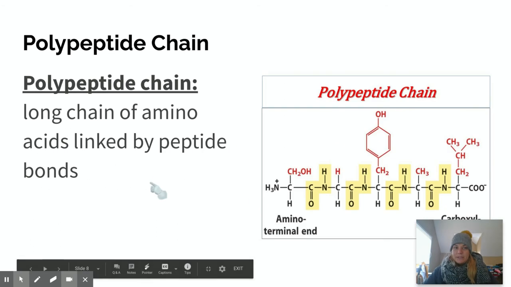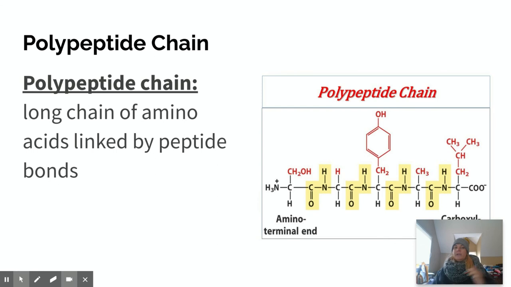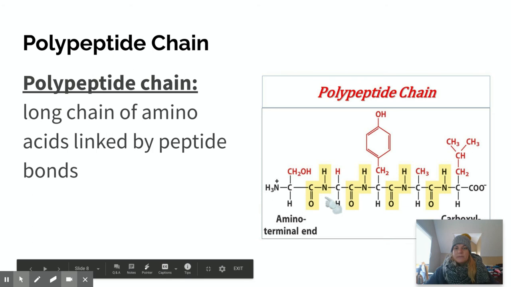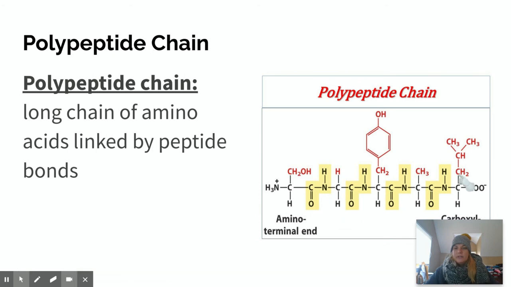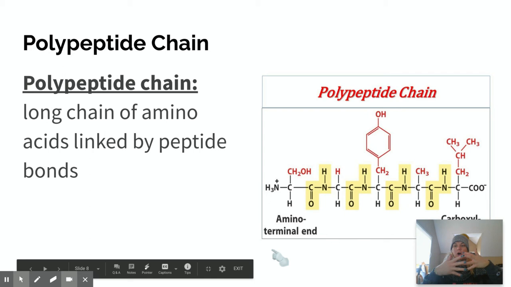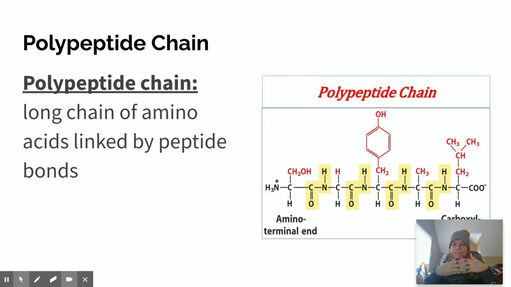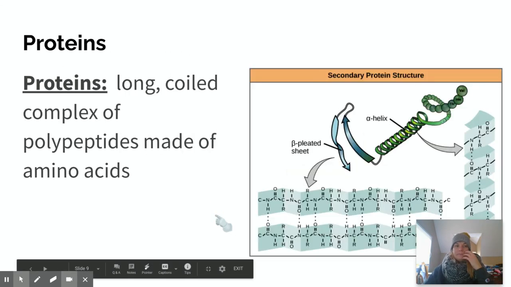So a polypeptide chain is a long chain of amino acids linked by peptide bonds. So you'll see a peptide bond here, here, here, and here. So this is actually 1, 2, 3, 4, 5 amino acids all linked together by peptide bonds. So poly, like I said before, means many.